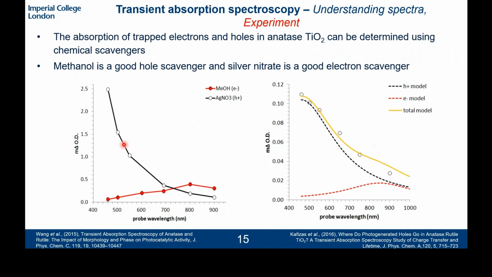And then we can use these profiles to try and deconvolute what's going on in these signals, okay? Essentially, we can see that this part here in the blue is dominated by the hole signal, and this part here in the red is mostly dominated by the electron signal, okay? And so, for example, if we probe the spectroscopy at around 450 or 500 nanometers, we can say, relatively speaking, we're looking mostly at hole carriers versus electron carriers.